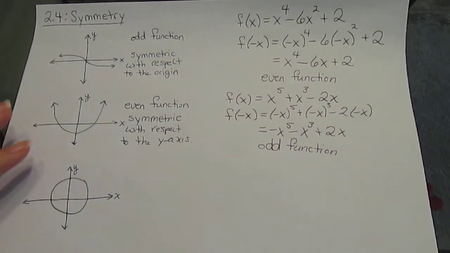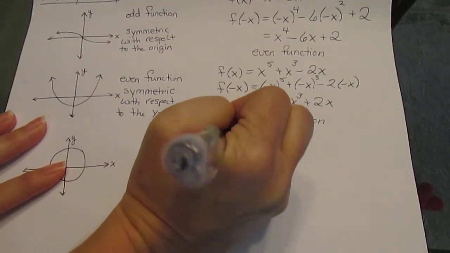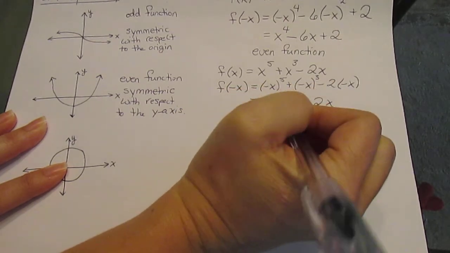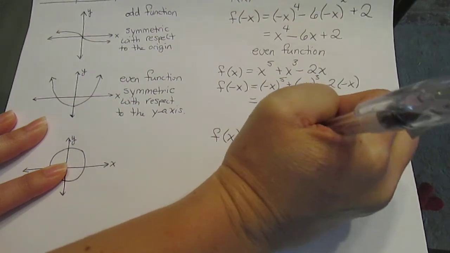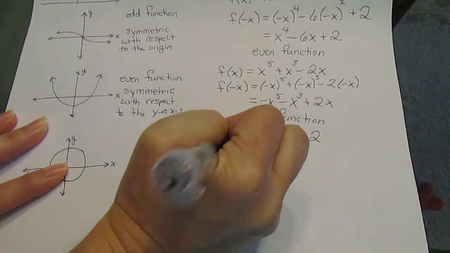So let's take a look at my last example. f(x) equals x to the sixth power plus x cubed minus 2. Okay, I'm plugging in a negative x.